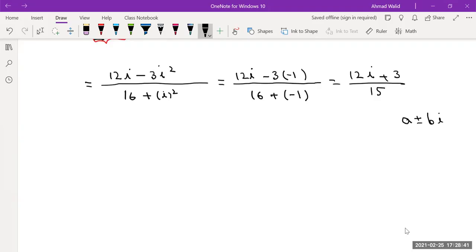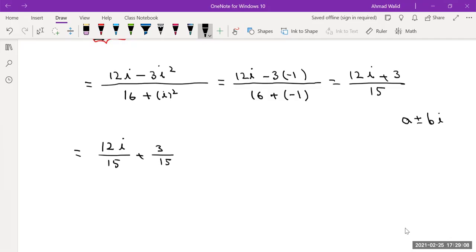To write your answer in this format, if you have a fraction with a single term in the denominator and multiple terms in the numerator, you can write them as separate fractions, correct? You can write this one as 12i over 15 plus 3 over 15, as two fractions.